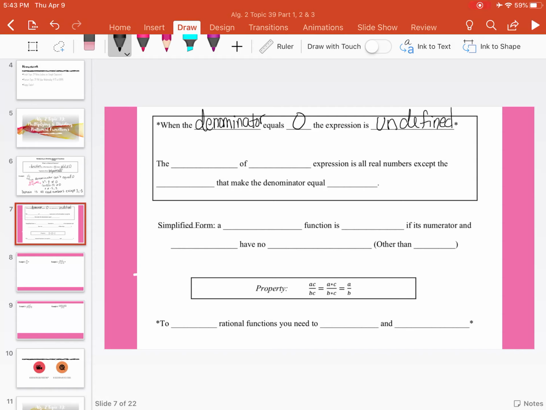So undefined is just a vertical straight line whenever you have 0 in the denominator, but we don't want that here. So the domain of a rational expression is all real numbers except the values that make the denominator 0.